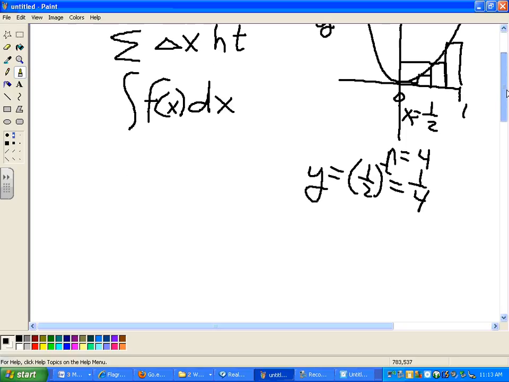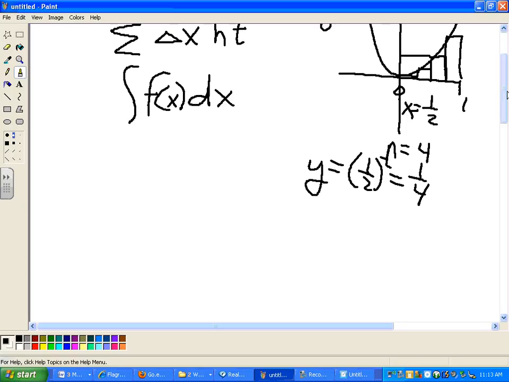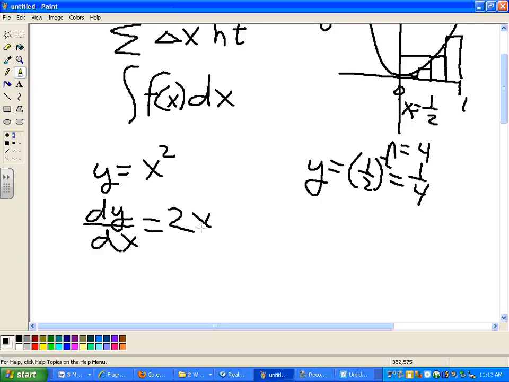So the thing that's going to be brand new today is when we take derivatives of things, what is the derivative of that? What we want to do is invent today something that's the opposite of derivatives.